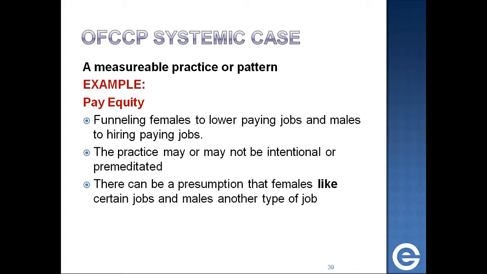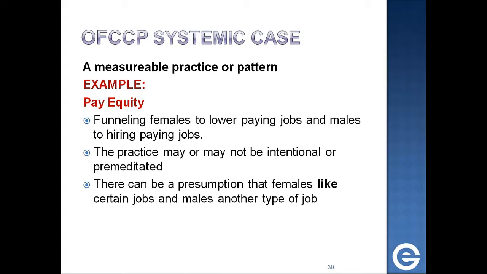Our example here is funneling females to lower paying jobs and males to higher paying jobs. This practice may or may not be intentional or premeditated, but it can result in pay inequity. There can be a presumption that females like certain jobs and males like other types of jobs.